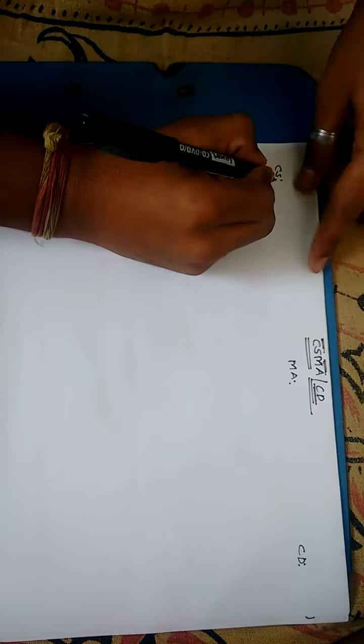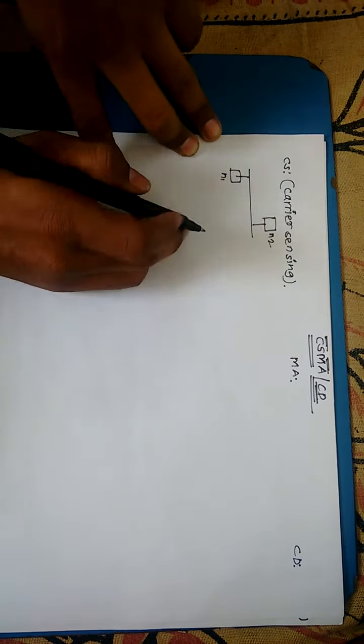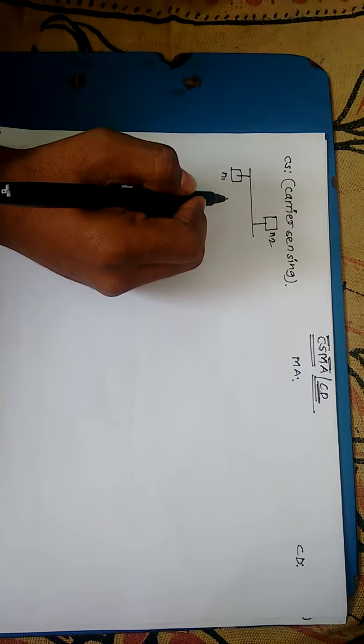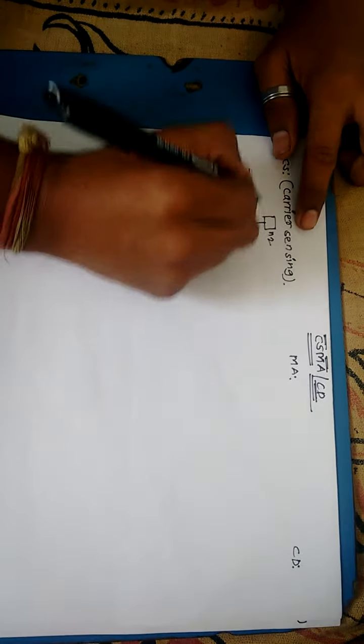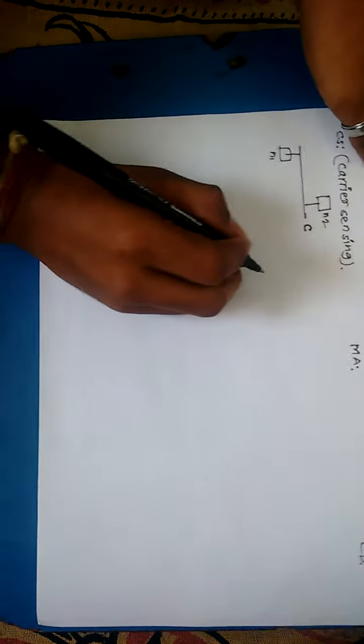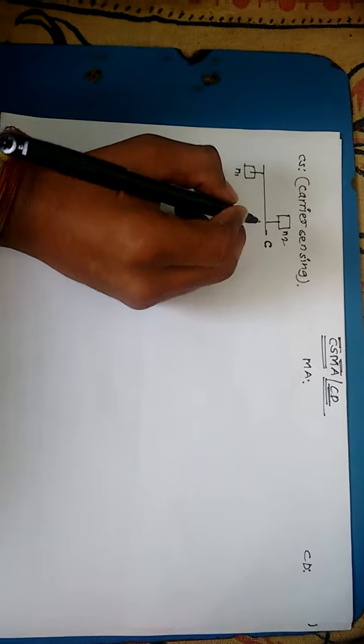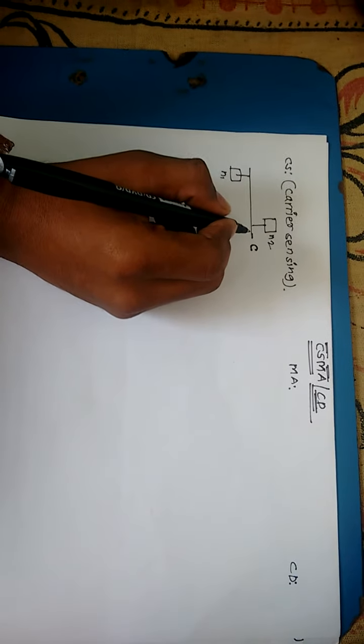Let's figure out one diagram. This is node N1, this is node N2. The multiple nodes N1 and N2 are connected through the same channel, and this is a carrier C. Now the problem arises when both nodes try to transfer data at the same time.